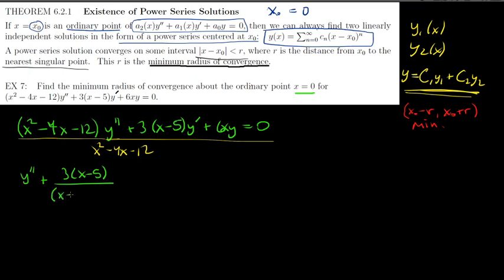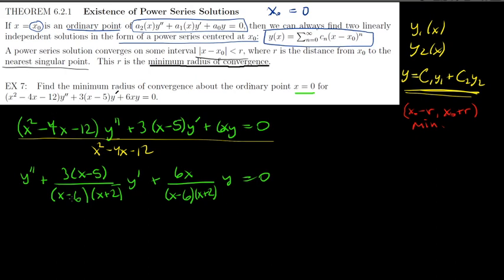I take that back, it's minus 6 and 2, so (x minus 6)(x plus 2). Yep, that works. Times y prime, plus 6x divided by the same (x minus 6)(x plus 2) times y equals 0.